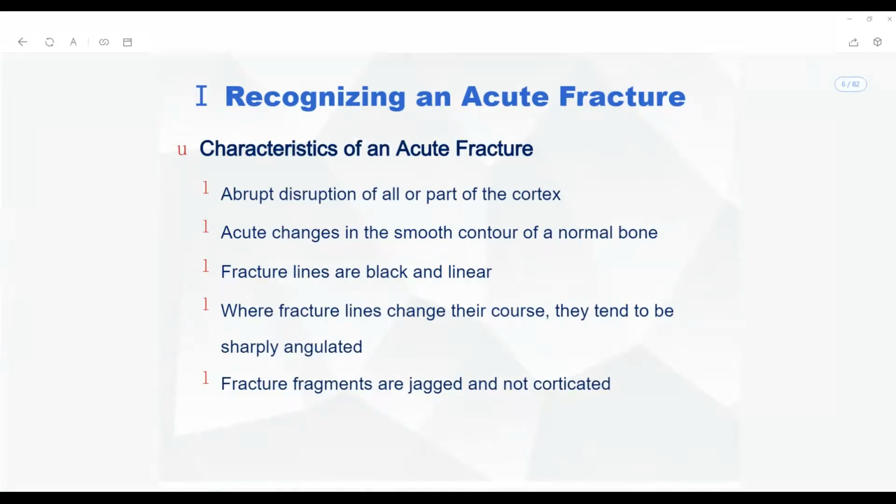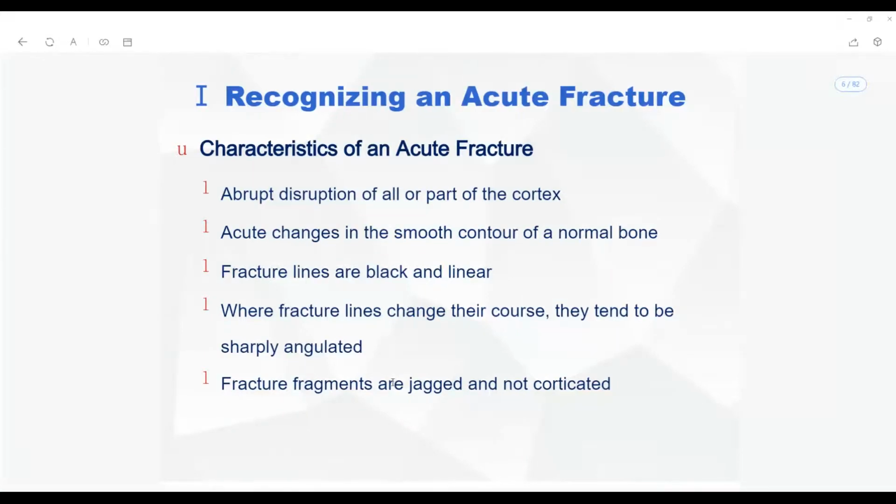We will learn that in fracture healing mechanisms, but still you have to understand that any person who has an acute fracture has to be treated in less than 5 days. After 5 days you cannot correct the fracture with bandages and plaster of Paris cast. So that's the reason you have to learn the acute fracture characteristics.